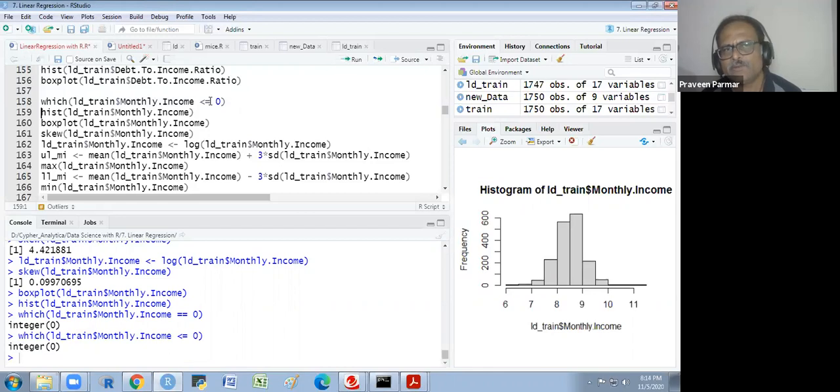If none of the values is less than or equal to 0, then we apply the log function. Log controls the skewness heavily. As you have seen, we have controlled the skewness very heavily. We got the skewness of only 0.09. It is almost normal now, whereas previously it was highly skewed, 4.42.